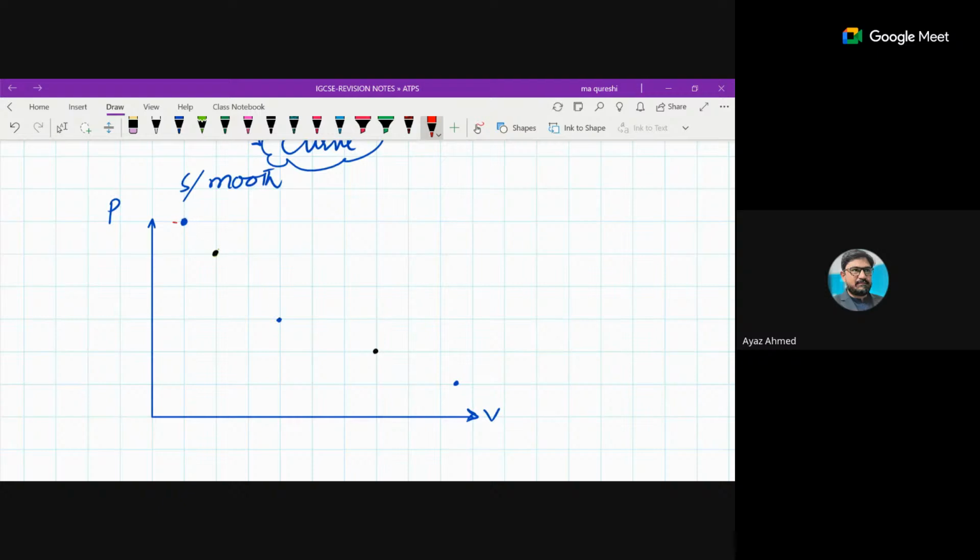देखो, I can just make crosses here. Okay, above देखो. How can I draw the line of best fit, the curve of best fit? It can be something like this. Do you see?